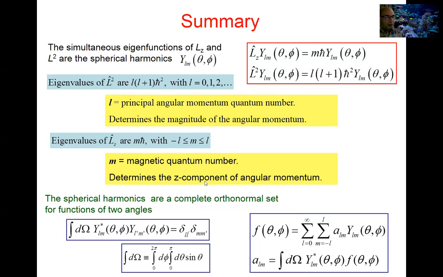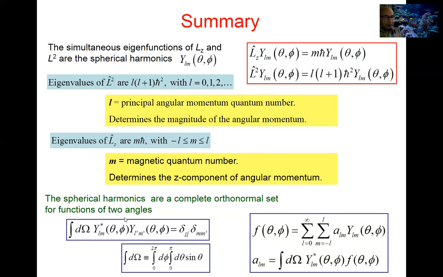So this quantization came from the fact that we required that our solutions were continuous and realistic, when we solve linear differential equations which correspond to this orbital momentum and operators which we have introduced for describing them.